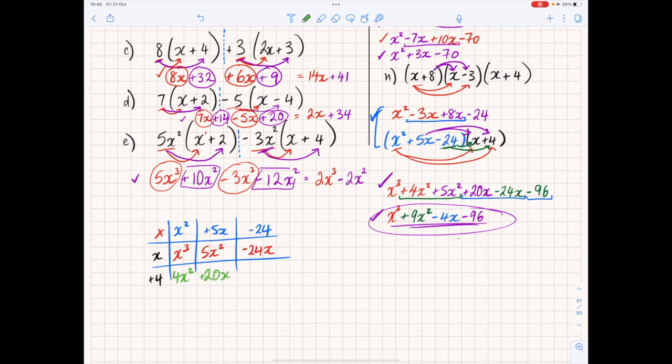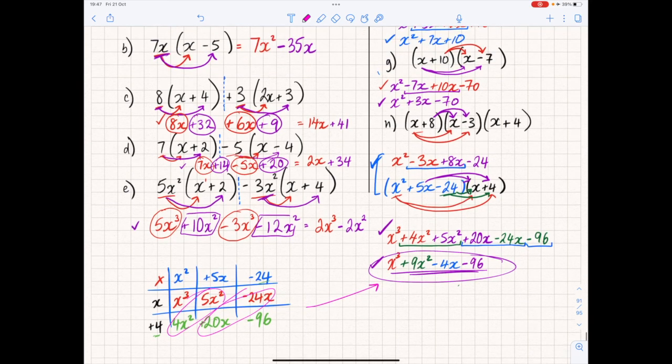And you're doing your 4 times minus 24 to get minus 96. So you can see I've got exactly the same values: x cubed, 4x squared, 4x squared, 5x squared, 5x squared, 20x, 20x, minus 24x, minus 24x, and minus 96. And then when you're thinking about collecting your like terms, you would be doing these two together, and you'll end up getting the same answer.